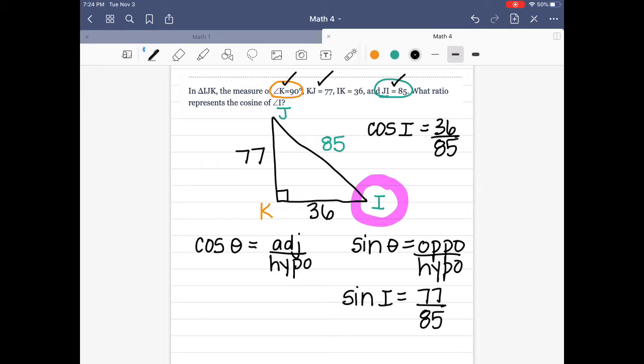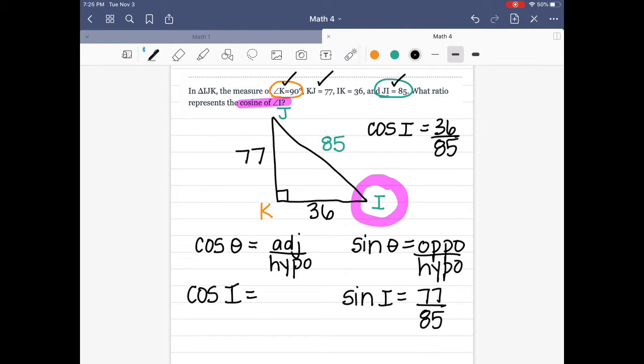So all they're asking you to do here is identify that key ratio. They asked for cosine, so that's what we gave in this problem. I also did sine, and I'm going to do tangent. If they ask for cosine, you're going to do adjacent over hypotenuse.